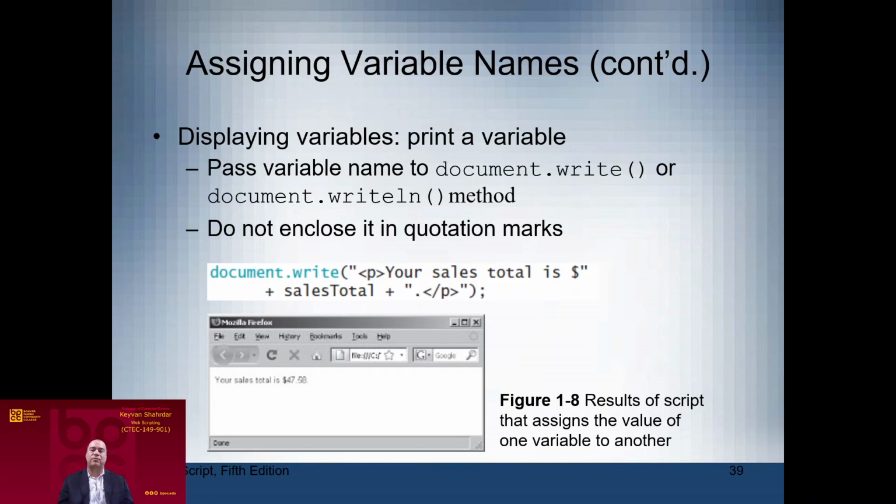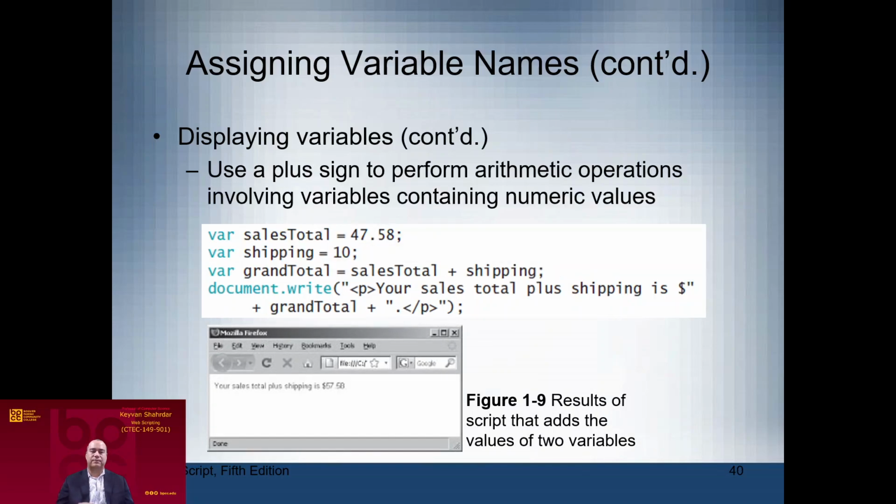So you pass variables to write or writeln. The writeln is supposed to put an automatic line break. But here you can see how we're adding variables like var salesTotal equals 47.58, and var shipping equals 10, and var grandTotal equals the salesTotal plus the shipping.